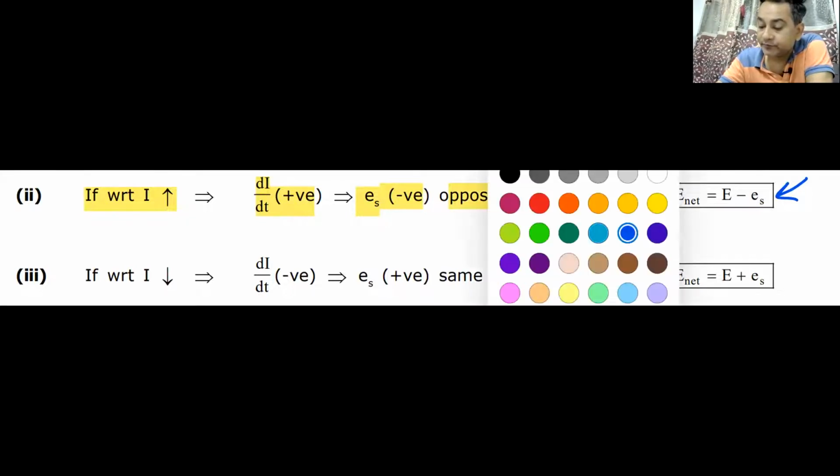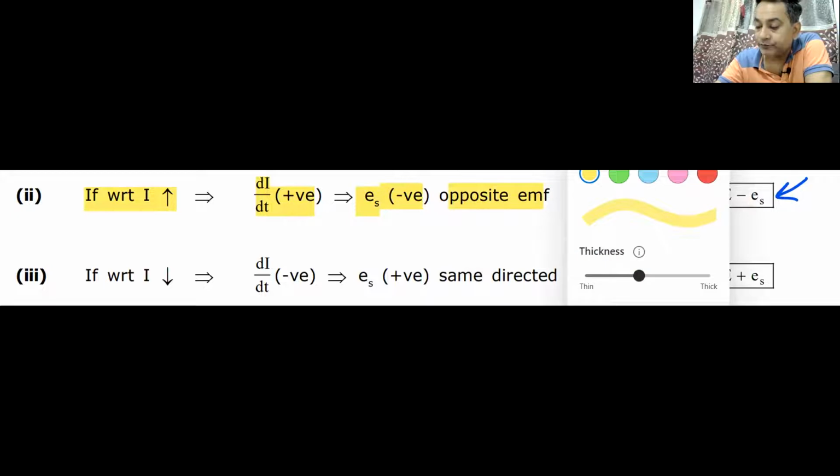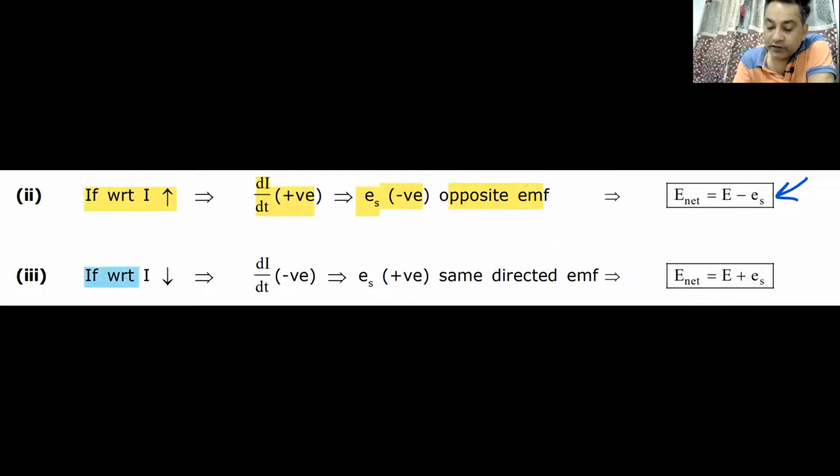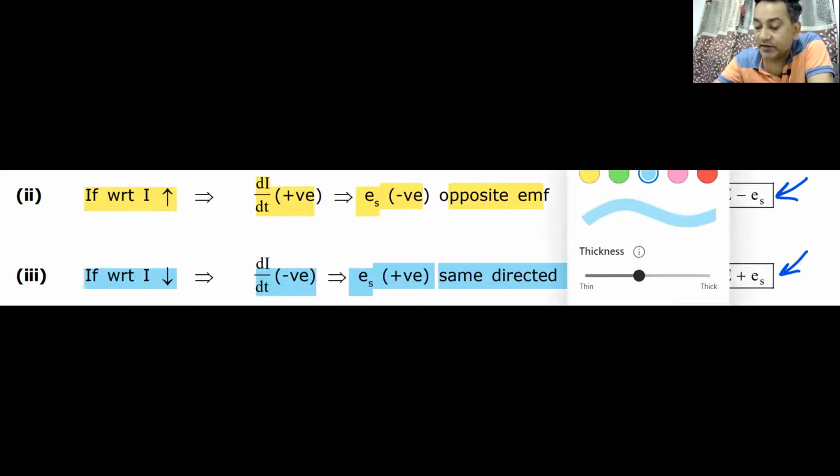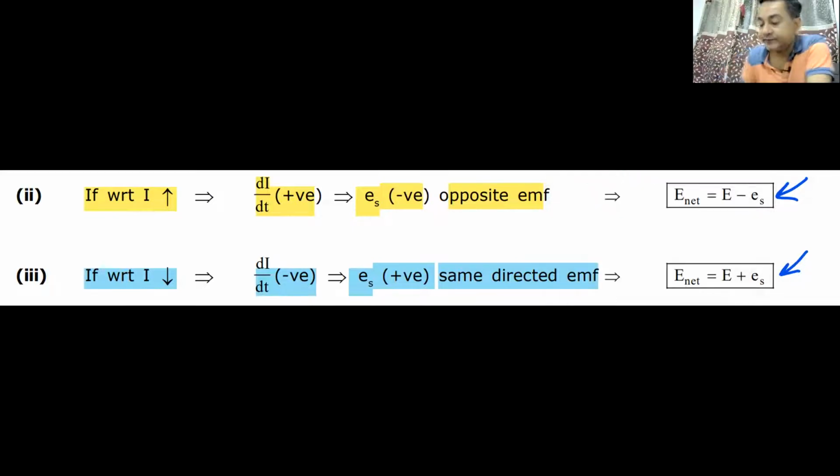But if your current is decreasing with time, your rate of change of current would be negative. In that case, your EMF would be positive and it would be in the same direction as the original EMF. Do we understand this? Yes, sir. Please note it down.